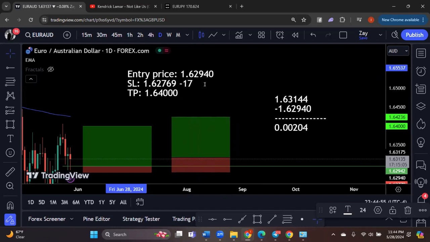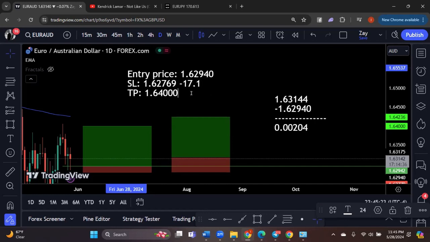So your entry price 1.62940. Hold on, wait, 1.6294, right? Zero. Subtract 1.62940. 769. All right, that's 17.1. So I just say negative 17 pips. So let's just say you do $1, that's $17.10.